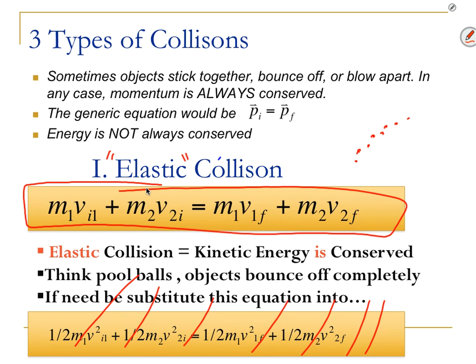And that means that energy is usually conserved, but not all the time. Momentum is always conserved. All right? What does an elastic collision look like? Well, a rubber ball bouncing off a wall, pool balls bouncing off of each other.